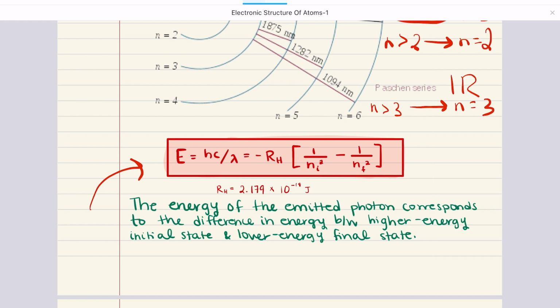And it might seem strange to see an equation that has an initial minus final, where most equations usually have final minus initial, but ultimately, this equation is designed to work just like you'd expect. If an atom emits a photon, then this equation is going to give us a negative value for energy, indicating a decrease. And you can try this out yourself by plugging in values and seeing what you get.